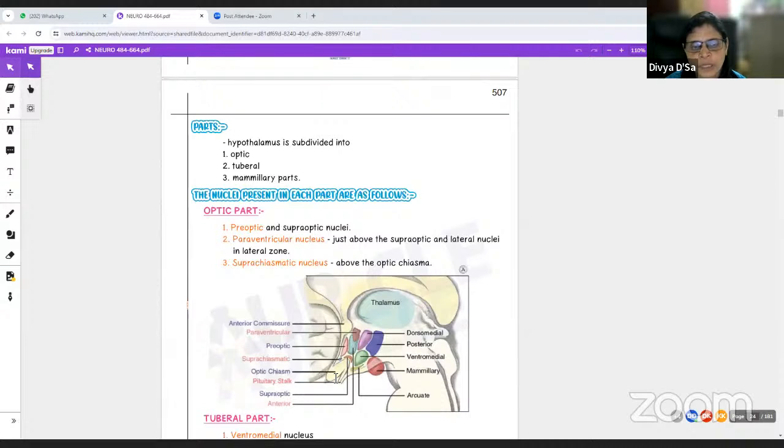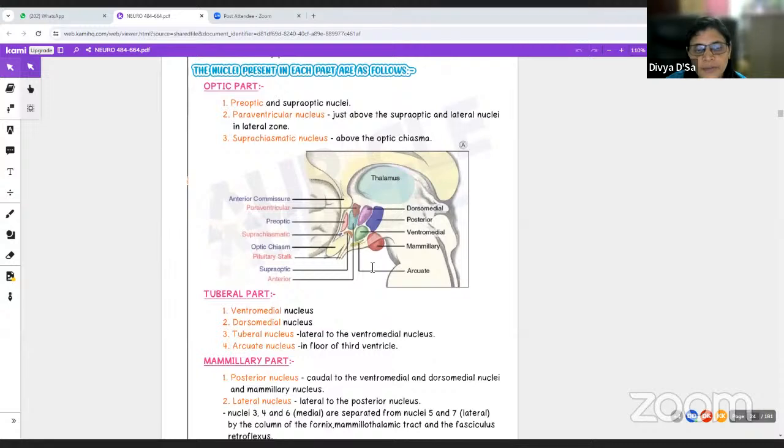The optic part has three nuclei: the preoptic and supraoptic nuclei, the paraventricular nuclei, and the suprachiasmatic nuclei above the optic chiasma. Here you can see the supraoptic, then the preoptic and paraventricular.